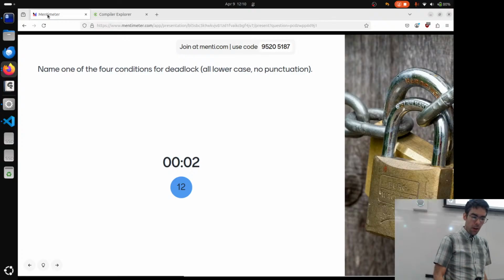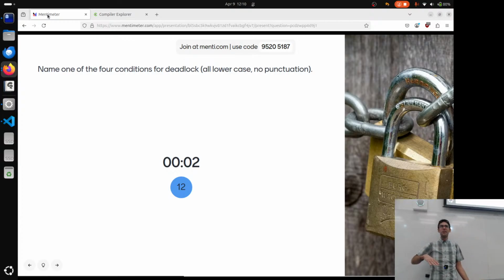But if all 4 of the conditions hold, the best we can say is that the code might deadlock, maybe. And when I ran that code in class, I had to run it a surprisingly few number of times for it to actually happen, but it didn't happen every single time I ran it. It was just sometimes this might happen, maybe. We can also technically say that the code might not deadlock.